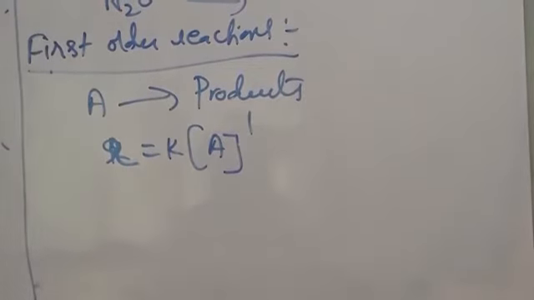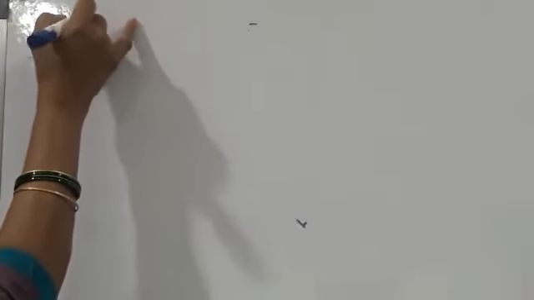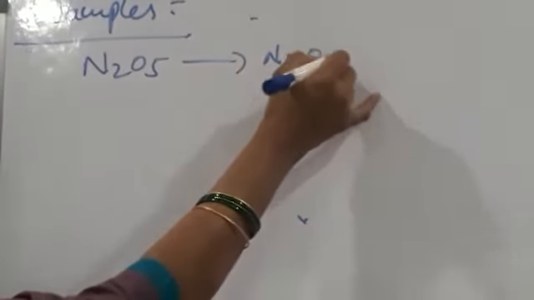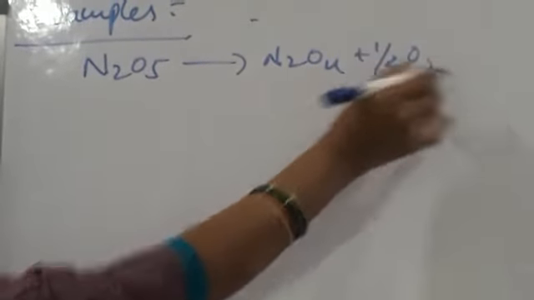Then coming to some examples of first order reactions. Decomposition of N2O5: N2O5 decomposes into N2O4 and oxygen.